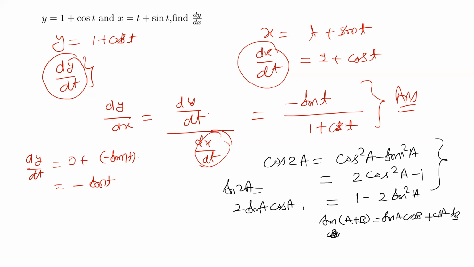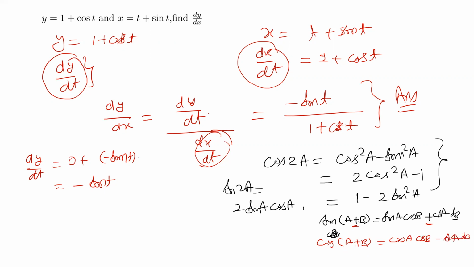For sin a minus b, the sign changes to minus: sin a cos b minus cos a sin b. For cos a plus b, you get cos a cos b minus sin a sin b.